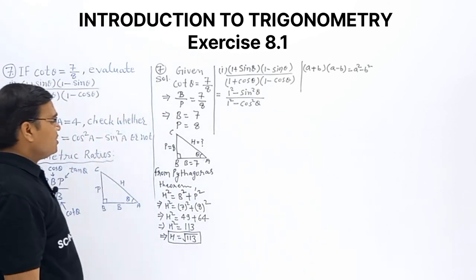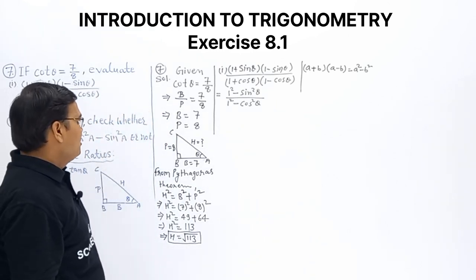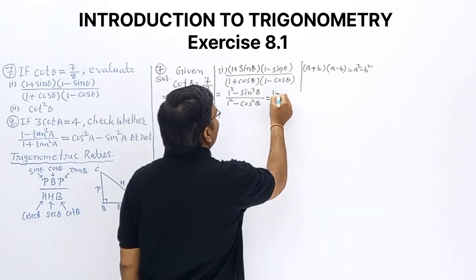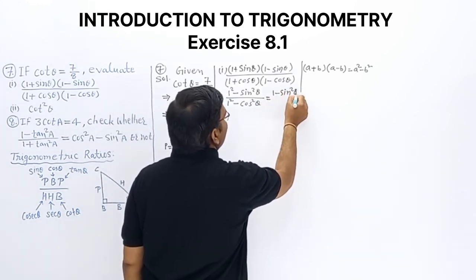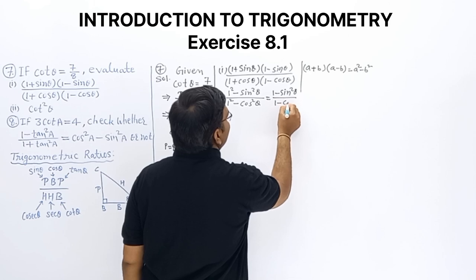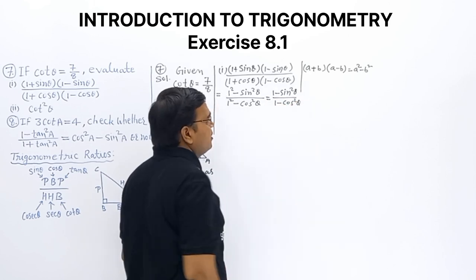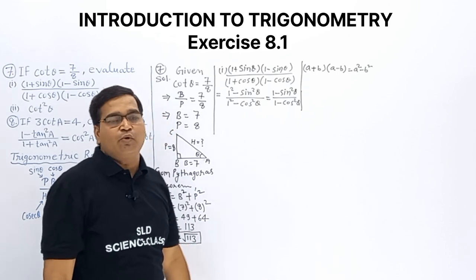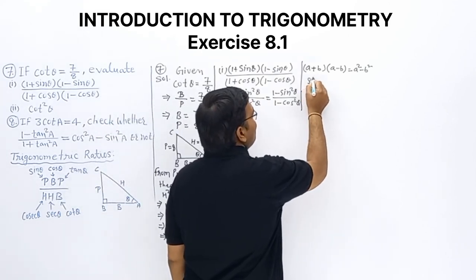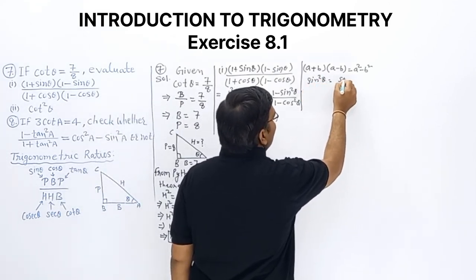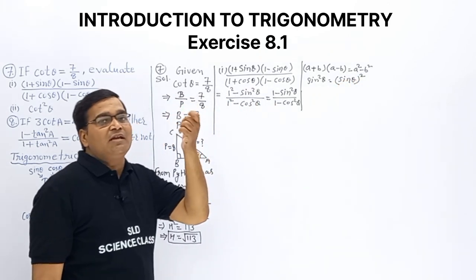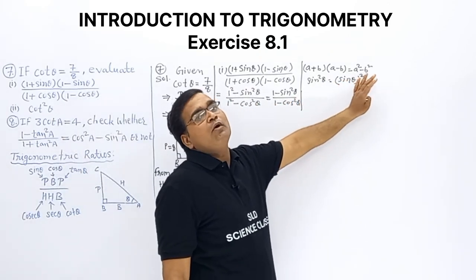Clear? So this can be written as 1 minus sin square theta upon 1 minus cos square theta. Observe, what is the meaning of sin square theta and cos square theta? Sin square theta is the same as sin theta whole square.